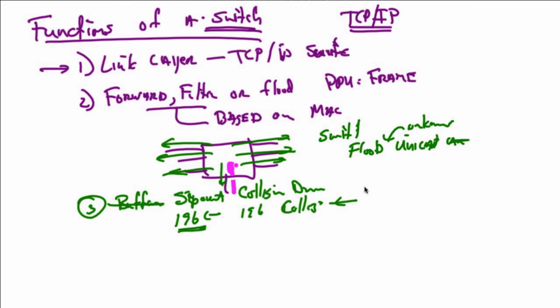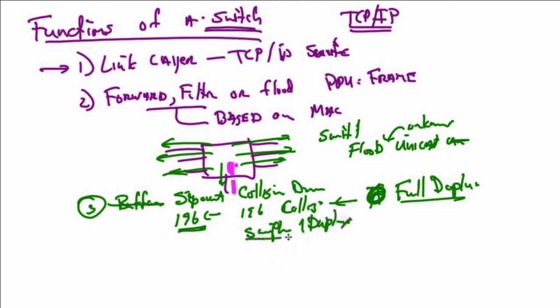So by breaking it up into collision domains, our switches also give us the capability of supporting the concept of full duplex speeds. Well, what do I mean by full duplex? We have simplex communication, and then we have duplex communication. Simplex means communication can only take place on the segment in one direction at a time.